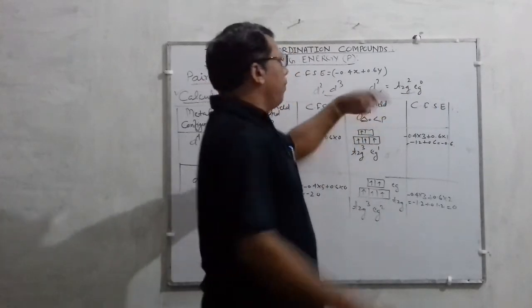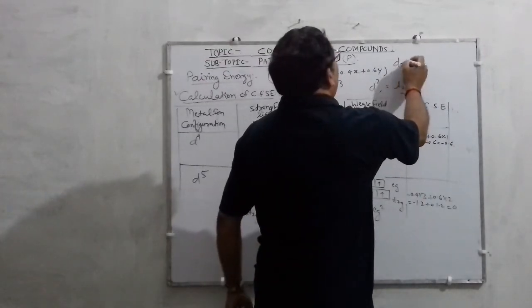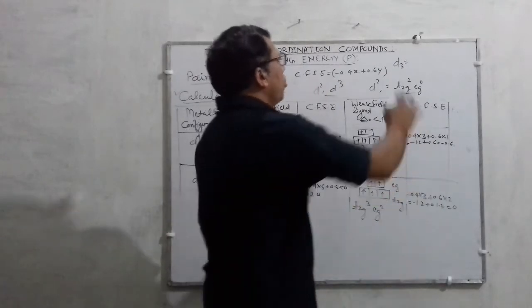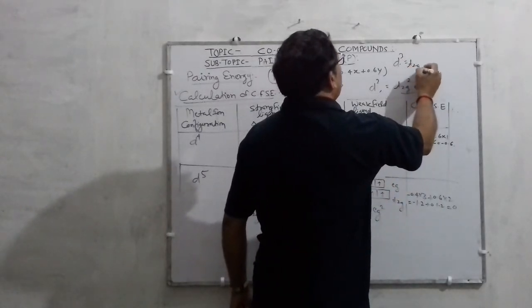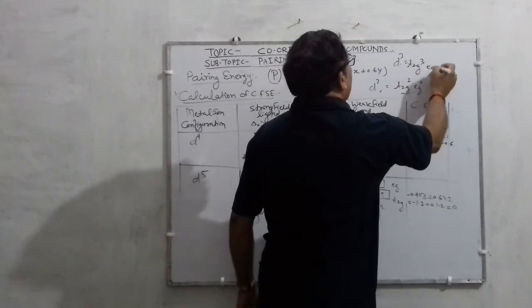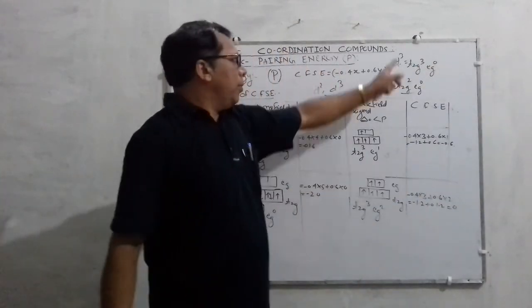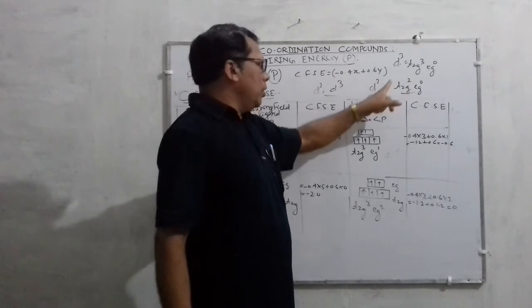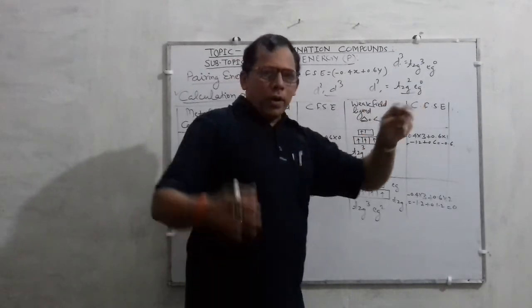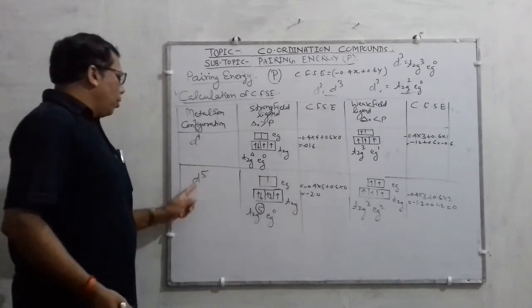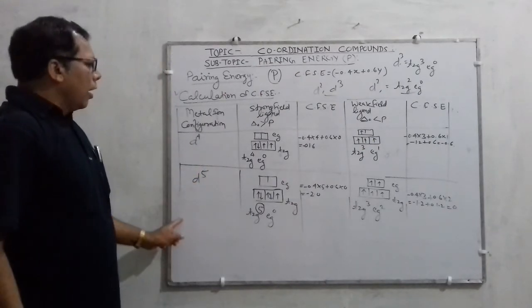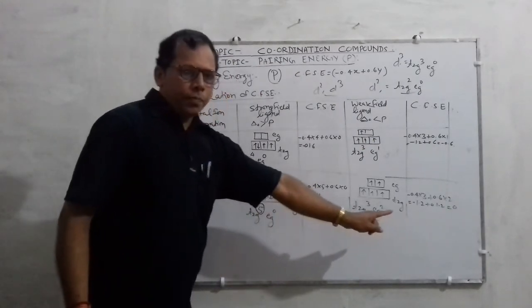Similarly for d3, you can write it as t2g3 and eg0. So this will be the electronic configuration in the coordination of d2 and d3, and d4, d5, d6 and d7 can be written in the same way.